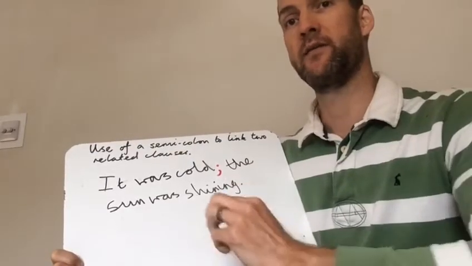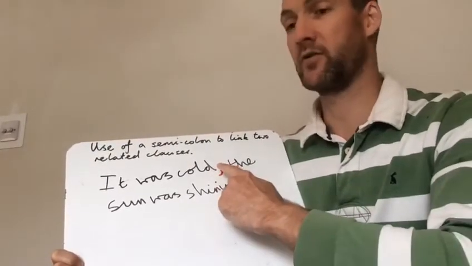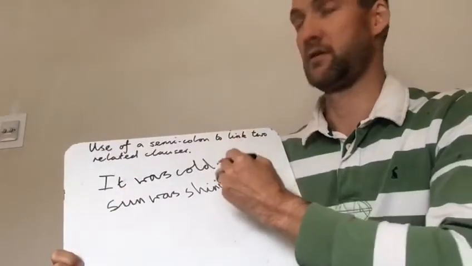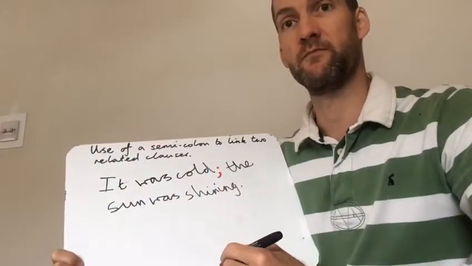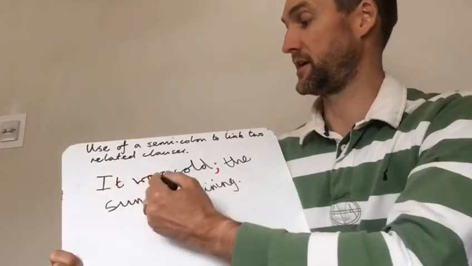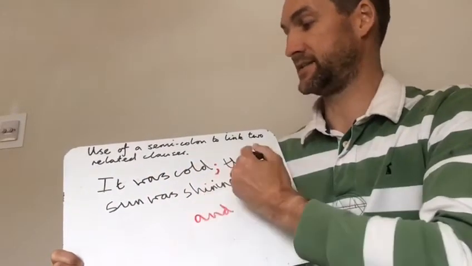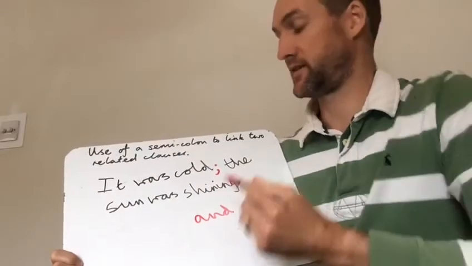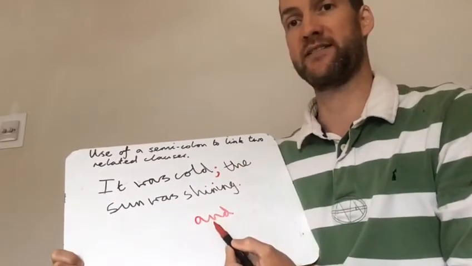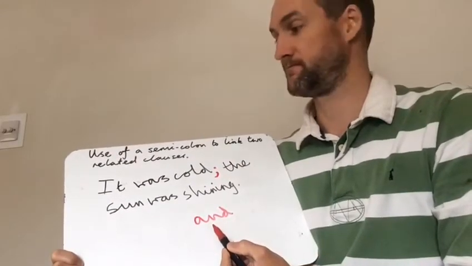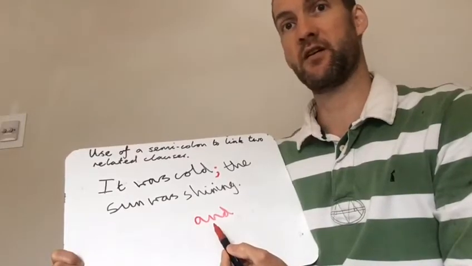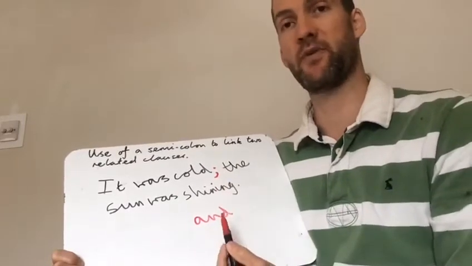Now, a good way to think about using a semicolon is that semicolon could be replaced by a conjunction. So let's have a look. It was cold and the sun was shining. So that semicolon could replace the conjunction and. Could you think of another conjunction the semicolon could replace?